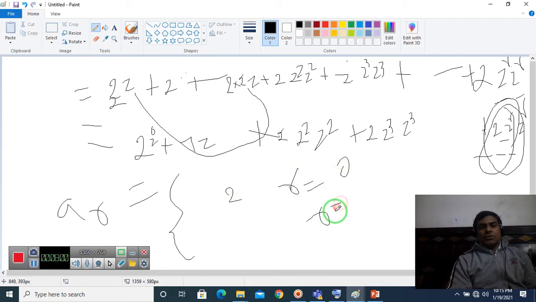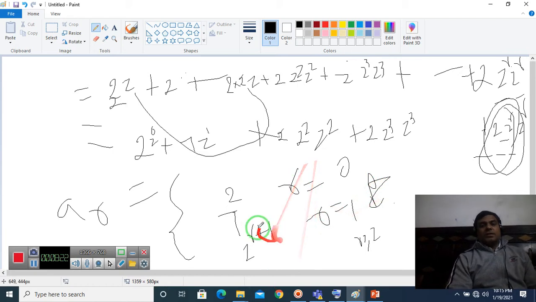Where r is equal to 1, z to the power 1, there is 7. And when r is greater than or equal to 2, it becomes 2 into 2 to the power r. We can write 2 to the power r plus 1, final answer.